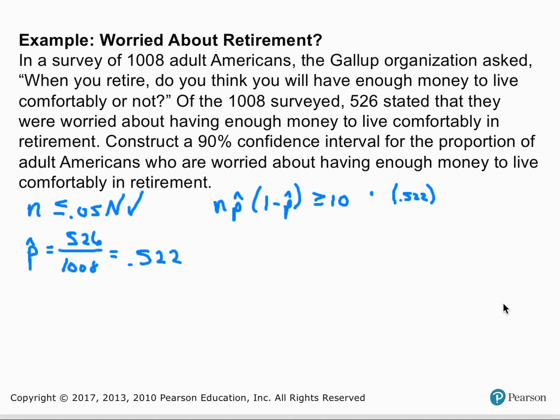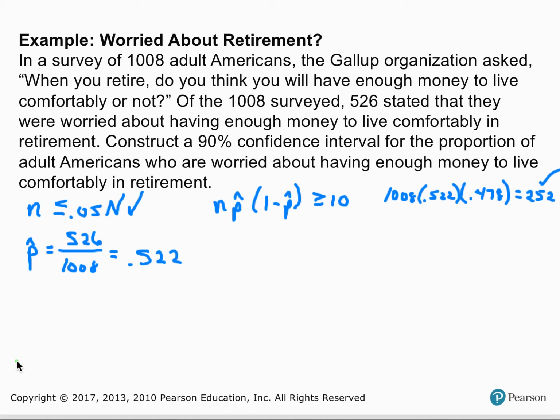Okay. So 1,008 times 0.522 times 1 minus 0.522, which is 0.478. So that is 251.5. Okay, so our conditions are met.